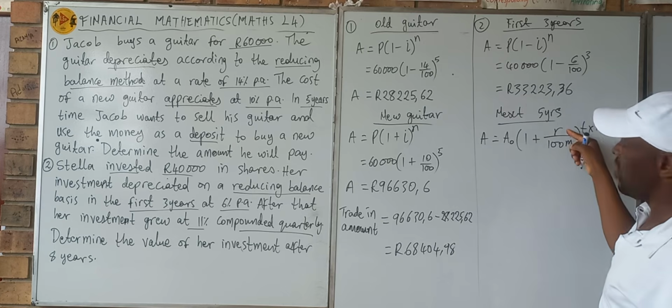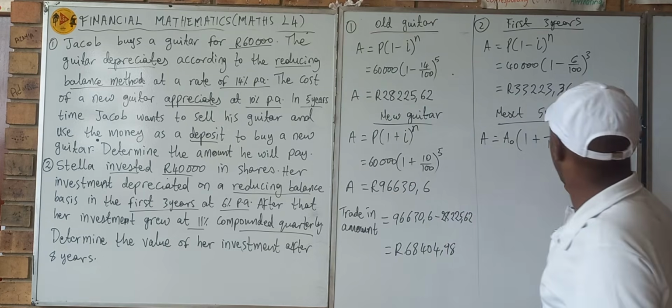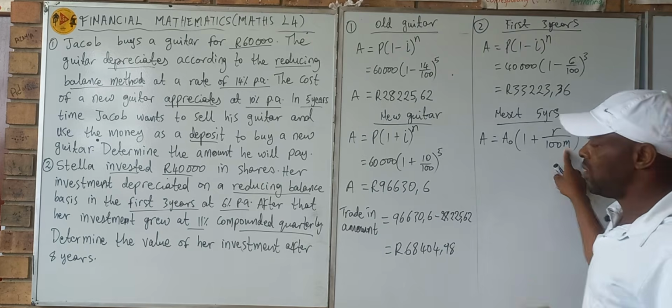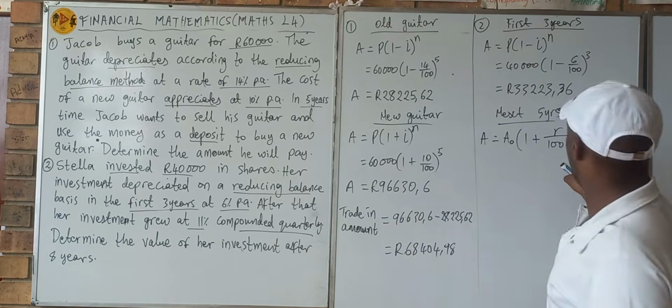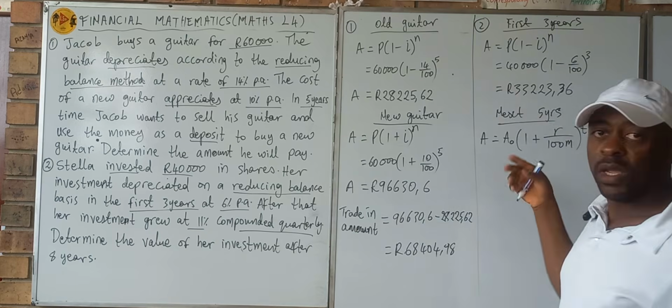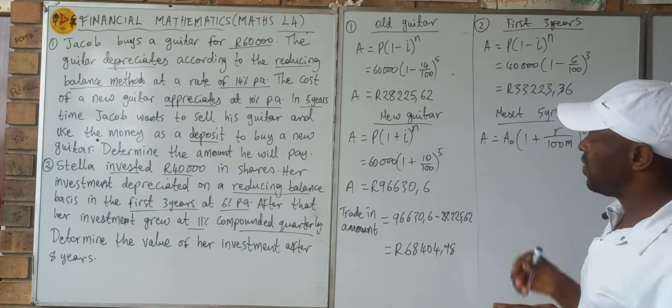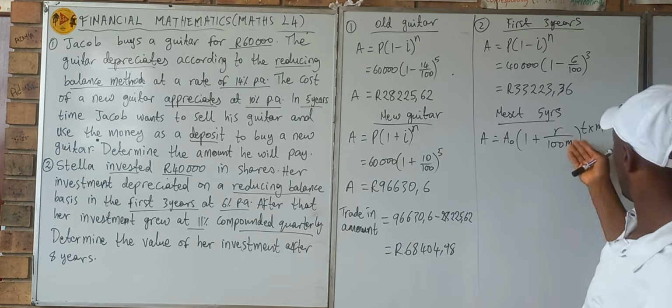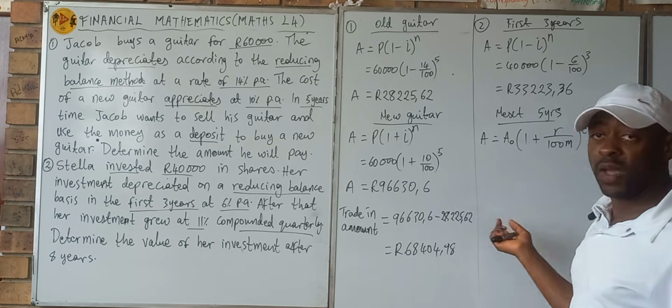Our r represents our interest rate of 11%. Then n here is representing the part of compounded quarterly. So when it's quarterly, our n will be 4. If it is semi-annually, we use 2. Weekly, we use 52. Daily, 365. Monthly, our n will be 12. Then t represents the time, which in this case is a 5-year period.